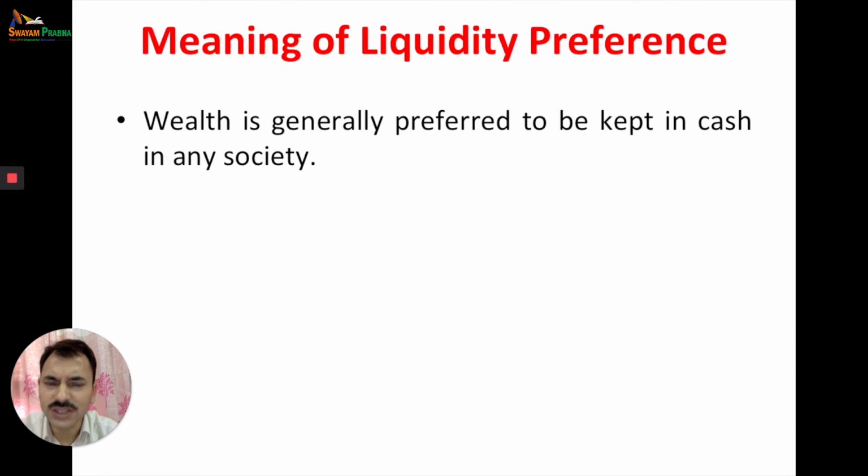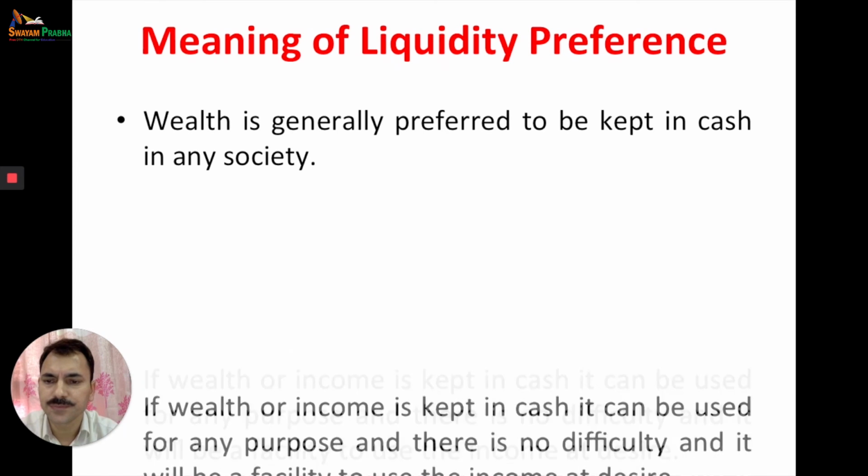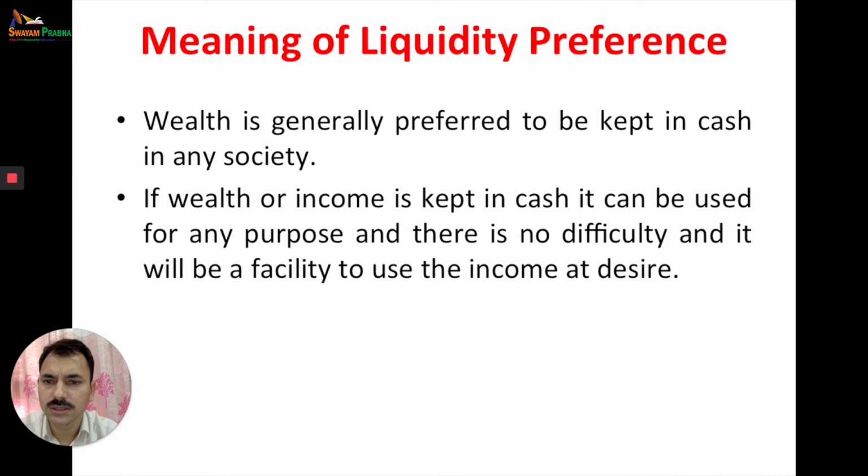The wealth is generally preferred to be kept in cash in any society, according to Keynes. And if wealth or money or income is kept in cash, it can be used for the purpose, and there is no difficulty, and it will be a facility to use the income at desire.